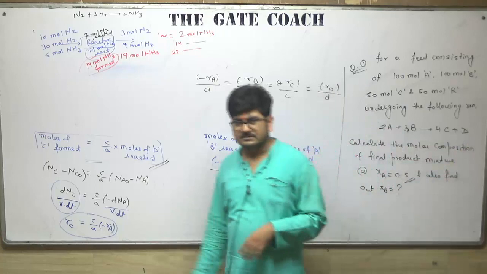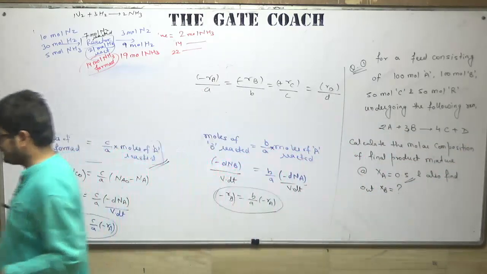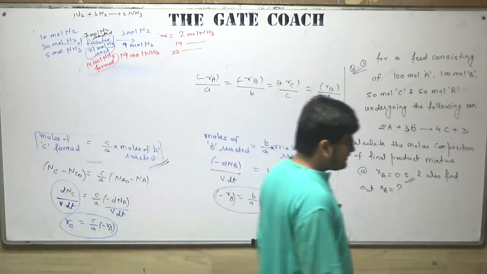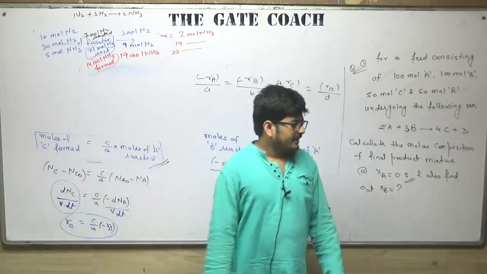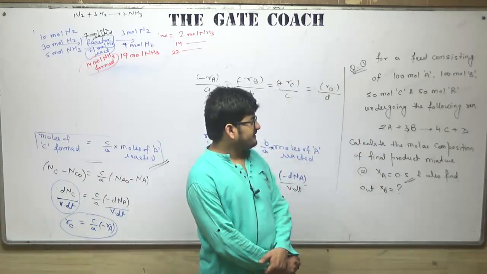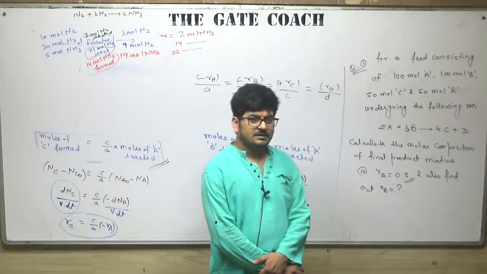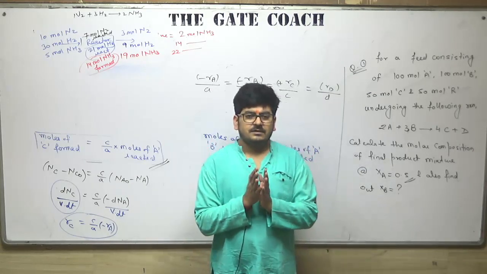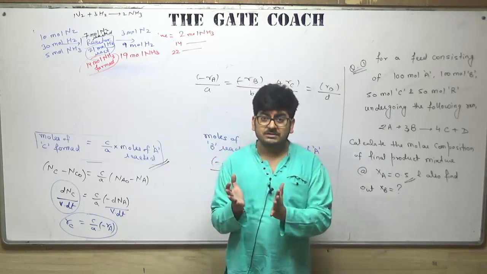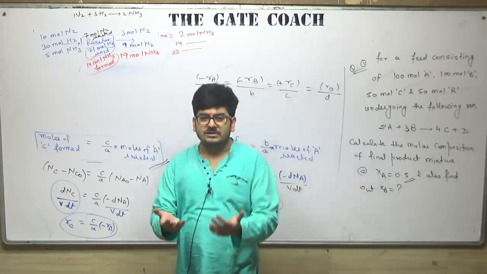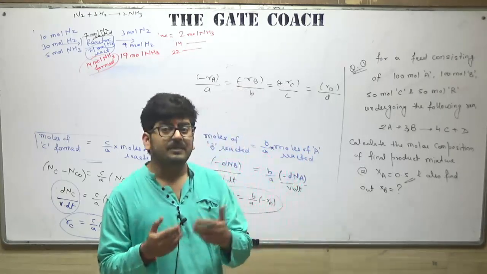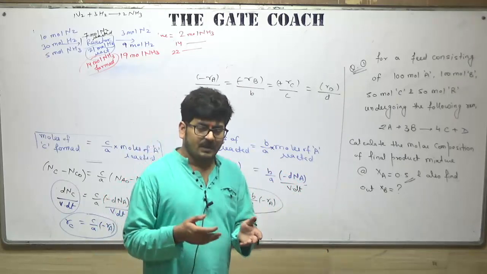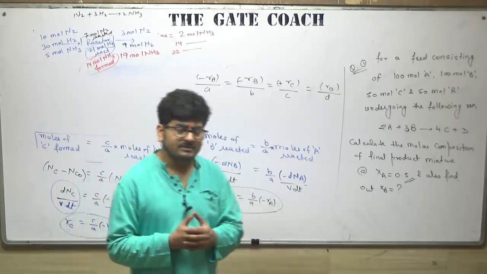Rest you can understand. If anyone has difficulty identifying what R is, then try to understand this. When air consisting of oxygen and nitrogen enters a combustion chamber, oxygen participates in the reaction and gets converted into other components along with the hydrocarbons.